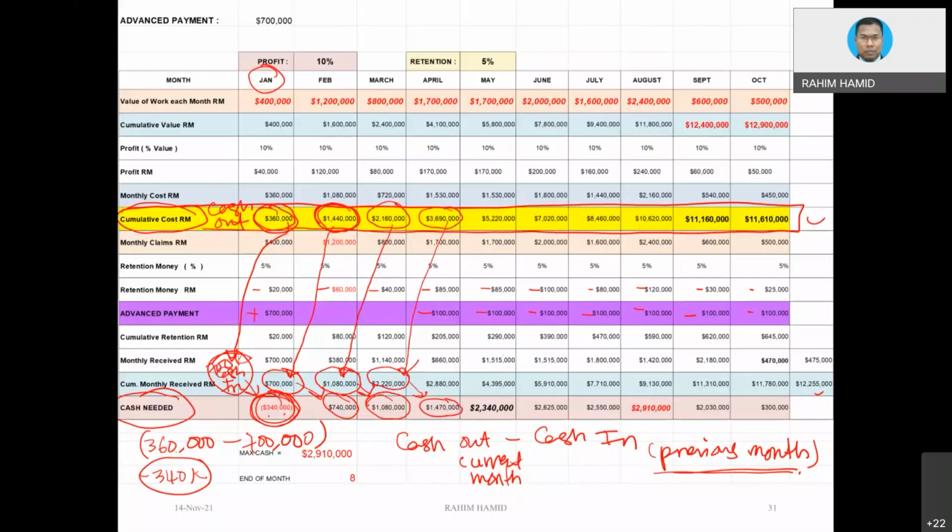And this amount, you deduct with this, we get this amount. Similarly, we do the same for the rest, so we get all those amounts.